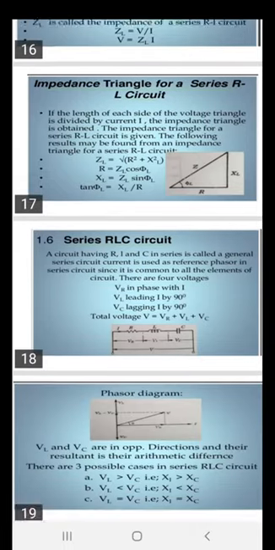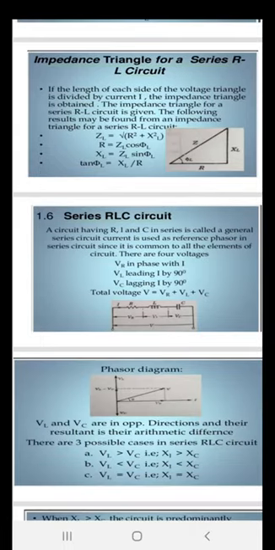Series RLC circuit. A circuit having R, L and C in series is called the general series circuit. Current is used as the reference phasor in a series circuit since it is common to all elements of the circuit. There are three voltages: VR in phase with current, VL leading current by 90 degrees, and VC lagging current by 90 degrees.